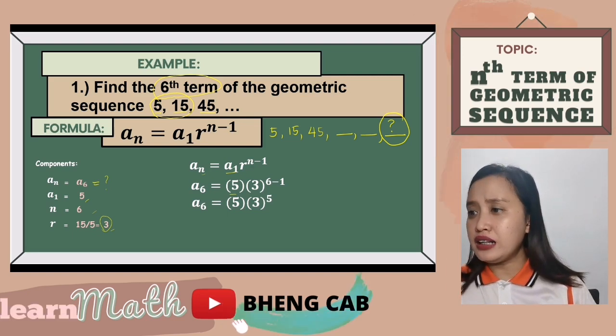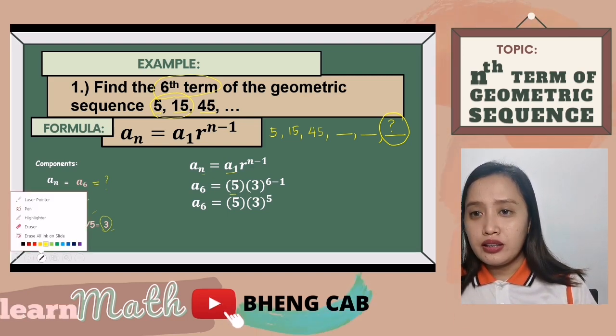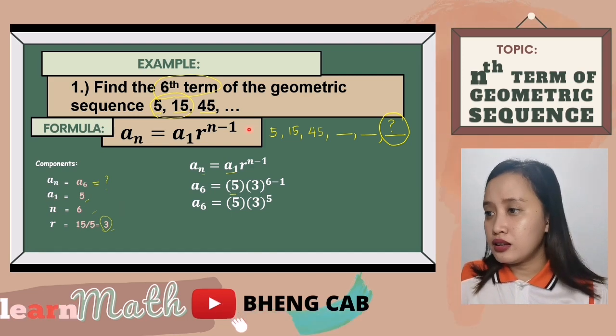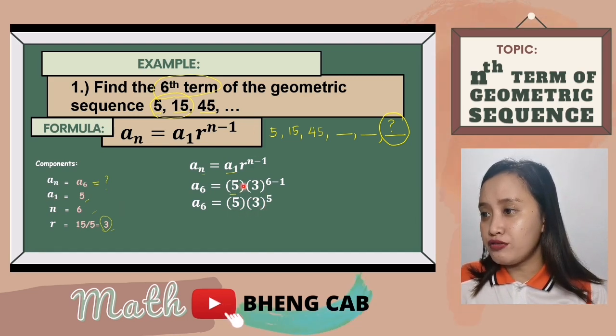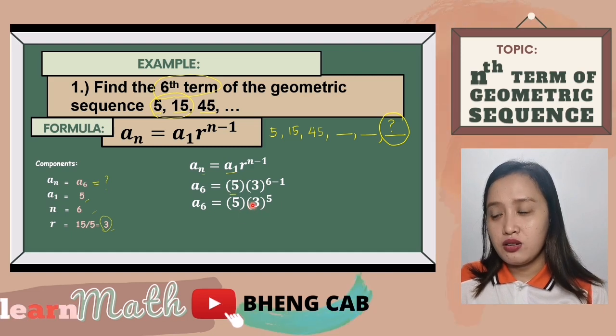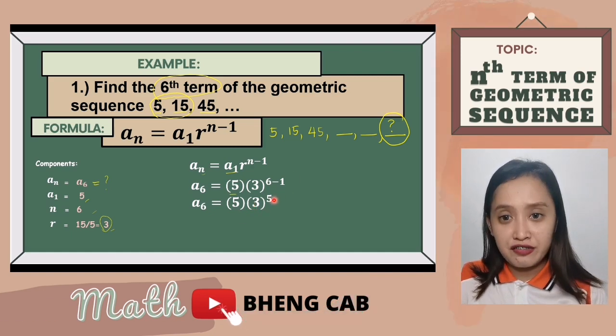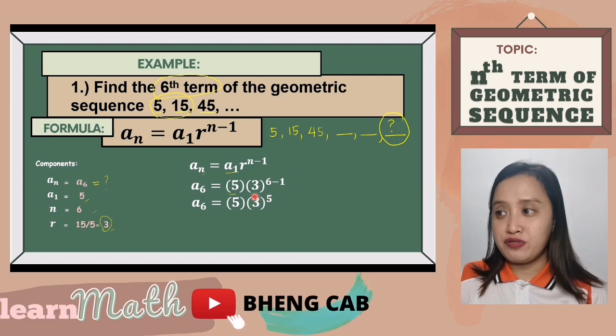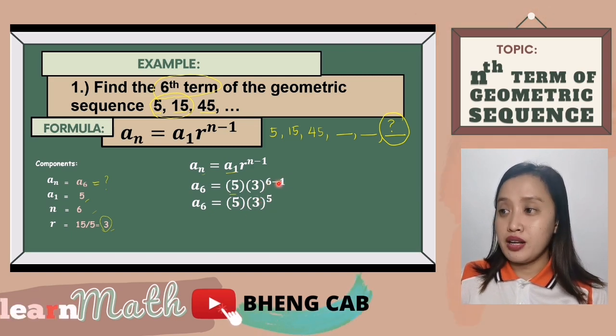Okay. Ma'am, bakit po hindi natin minultiply itong 5 and 3? Why did we come up with 5 here instead of 15 raised to 6 minus 1?